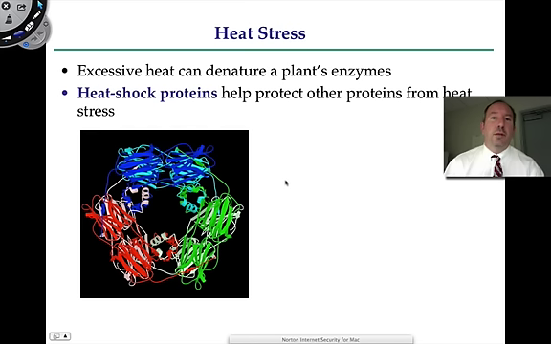We found that some plants that can tolerate this extreme heat have proteins that surround other proteins. They're like little chaperones, and so they protect proteins from experiencing so much heat. They're like little mittens that you would put on when you're pulling your cookies out of the oven. They prevent the enzymes from being denatured, which they normally would. So they're heat shock proteins. Isn't that crazy? It's kind of cool.